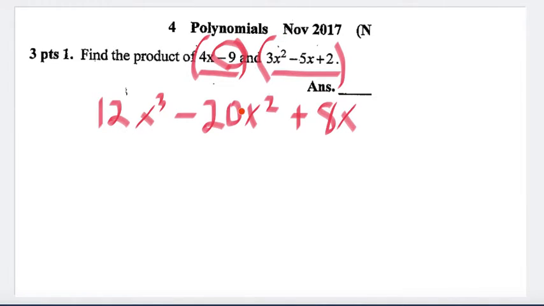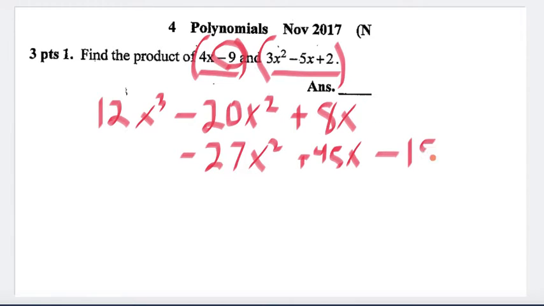Negative 9 times 3x squared is negative 27x squared. Negative 9 times negative 5x is positive 45x. And negative 9 times positive 2 is a negative 18.